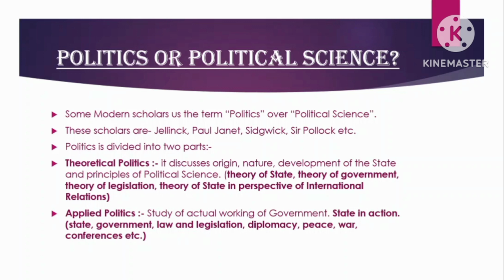The first is theoretical politics, where the discussion is upon the origin, nature, and development of the state and the principles of political science. That means it discusses the theory of state, the theory of government, legislation, and the state in perspective of international relations.